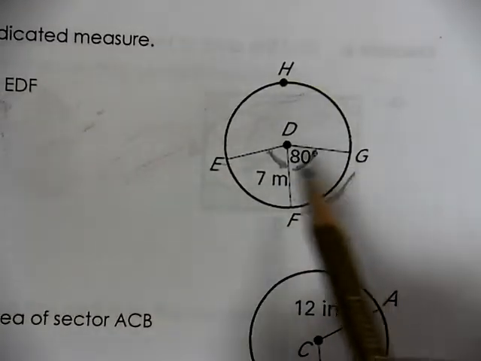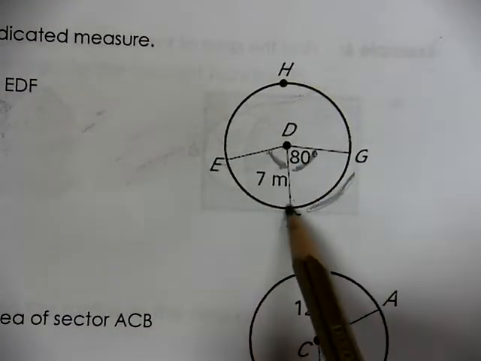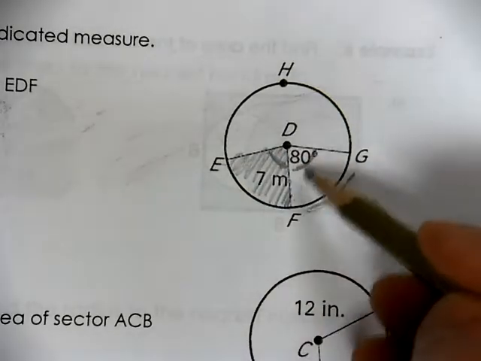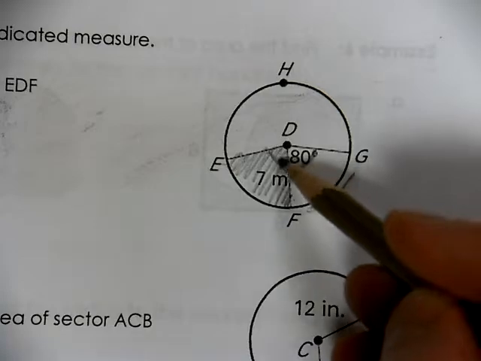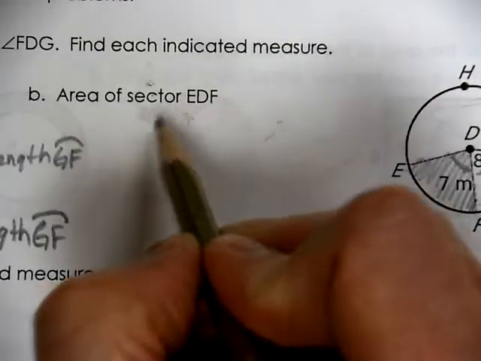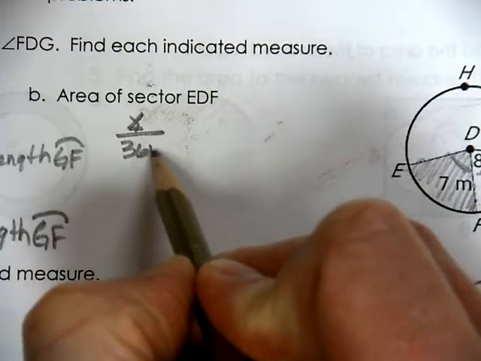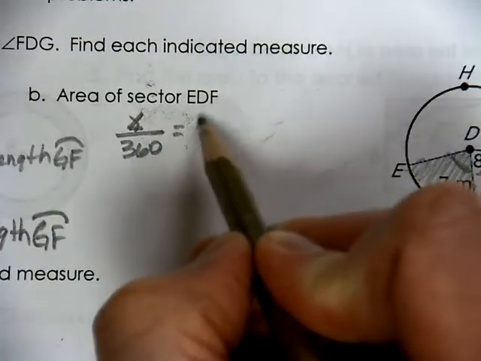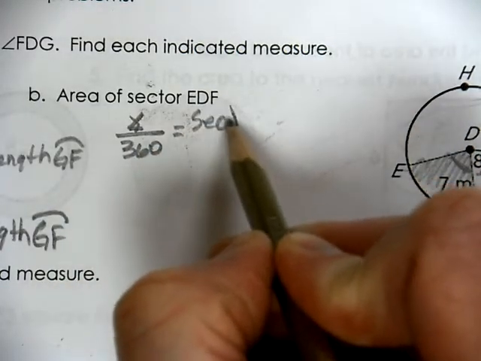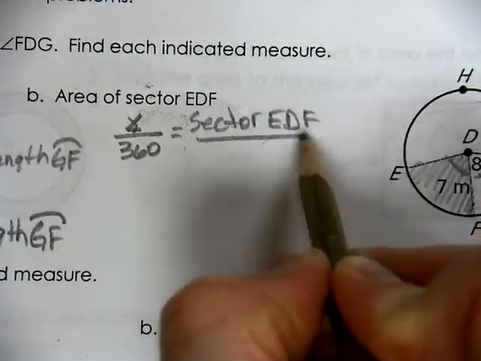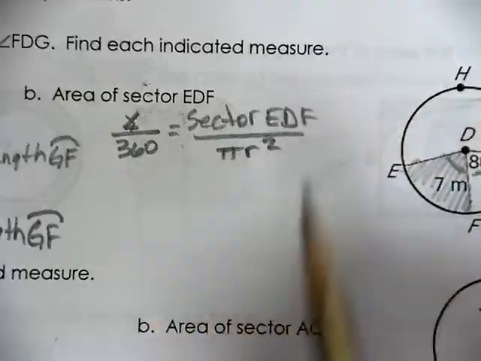Next, we're going to find the sector area of EDF. Well, this EDF has the same angle value. Central angle is 80. So again, our formula is going to be angle over 360 equals the sector EDF over pi r squared.